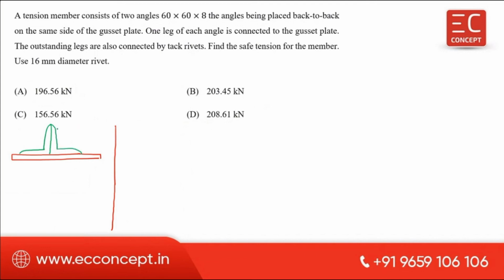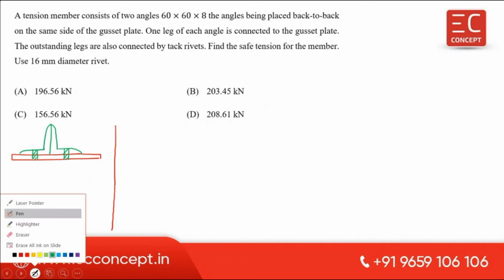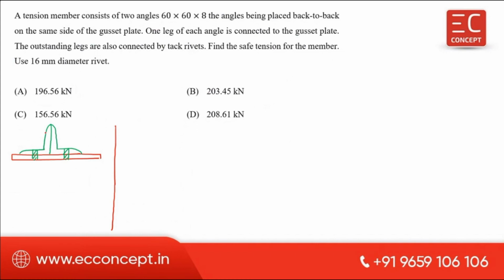Okay, this is the angle, and these two are connected back to back. One leg of each angle is connected to the gusset plate. This leg is connected to the gusset plate. This is connected to the gusset plate. Okay, the outstanding legs are connected by tack rivet. So this is the outstanding leg. This is the outstanding leg. This is connected by tack rivet. Okay, tack rivet.